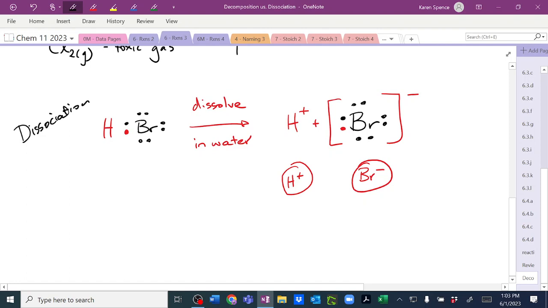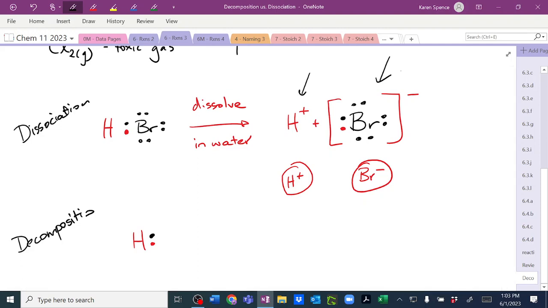But if we take HBr, so this is dissociation. If we now are going to do decomposition, we actually want to take the hydrogen and make hydrogen stable all on its own. And there's no way that this hydrogen can be stable without having this bromine around to have its extra electron, right? It needs somebody to give that electron to.